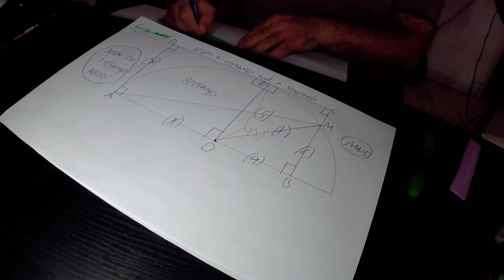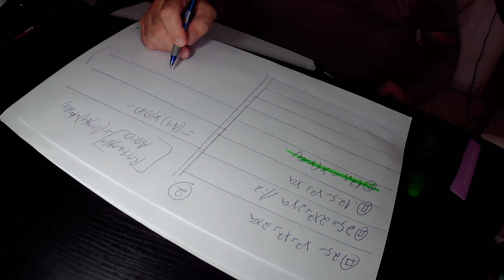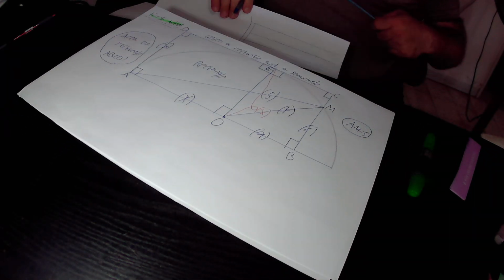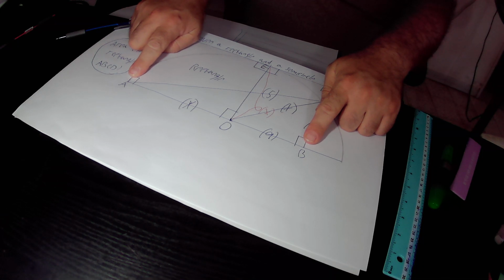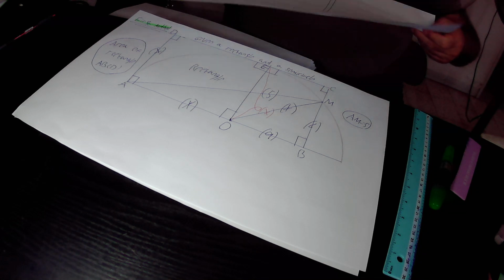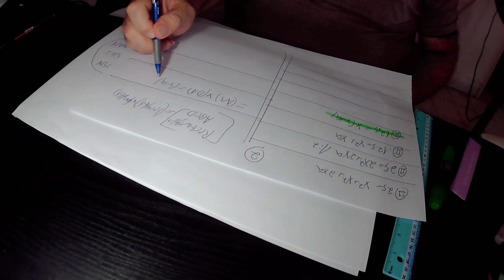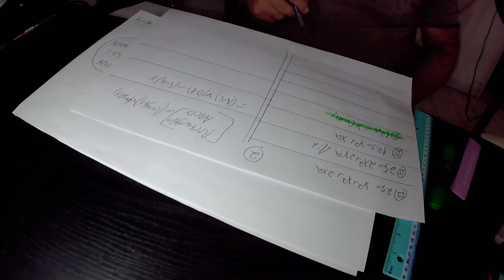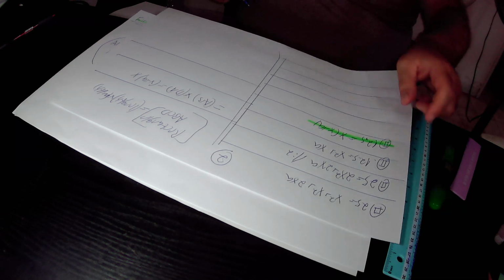So in total, we can find out that the area of rectangle ABCD is equal to AB times DA. AB equals x plus A, and DA equals x. So AB is x plus A times DA, and DA is x. So in total, the area of this rectangle ABCD equals x plus A times x.